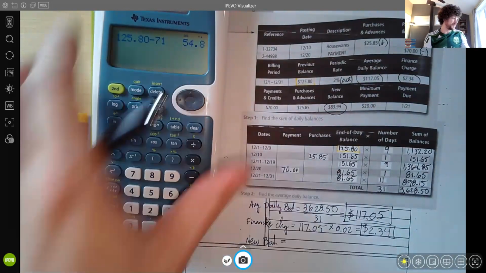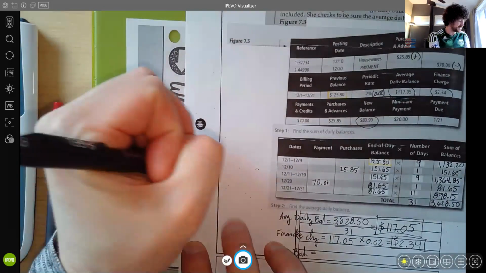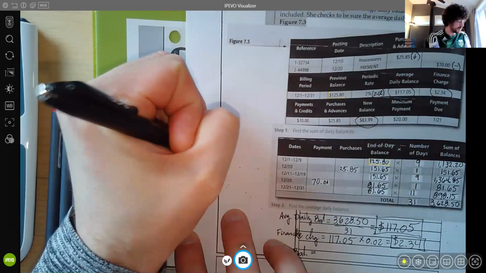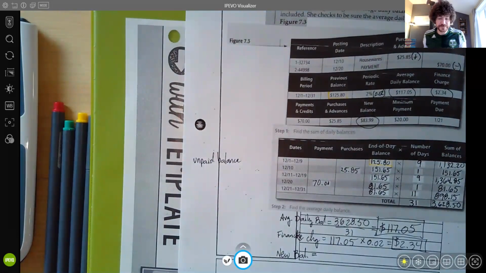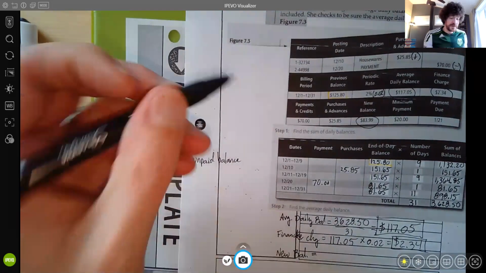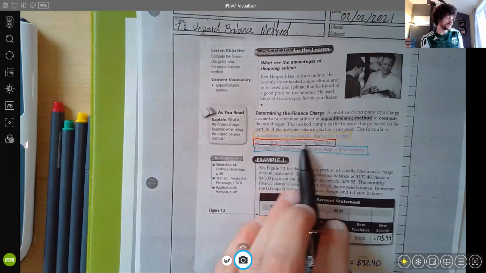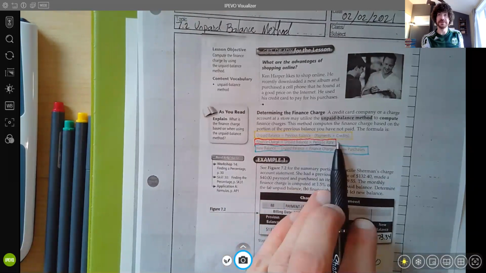I'm just going to do this off to the side. Unpaid balance. If we go back, I had to double check the formula from a couple days ago. The yellow formula here says it's the previous balance minus all the payments and credits.